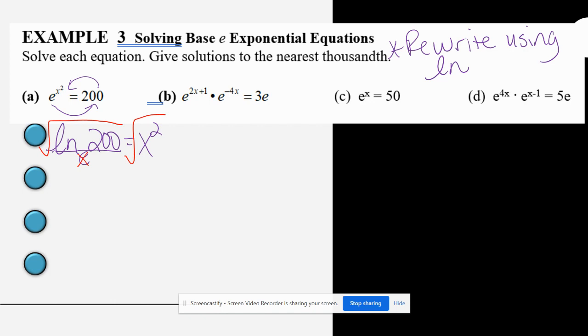We can just hit the ln button of 200. And it again says thousandth, so we took a square root. We can have two possible answers. That's plus or minus 2.302 is equal to x.